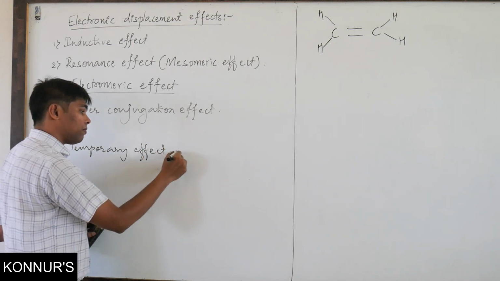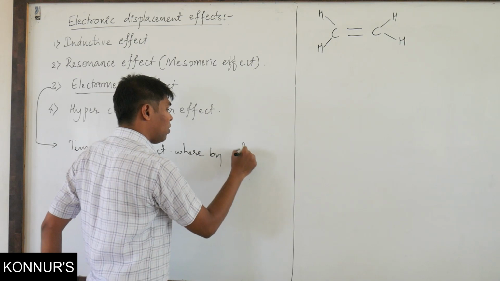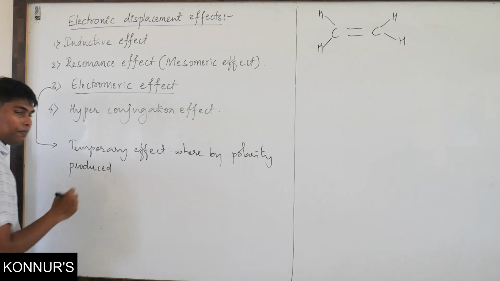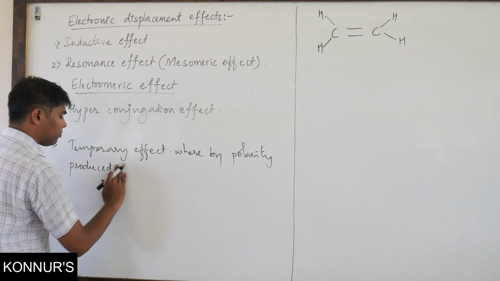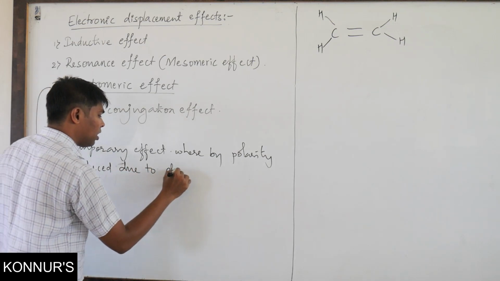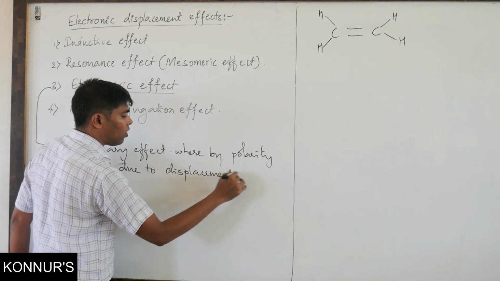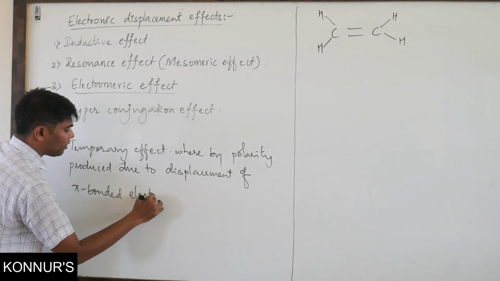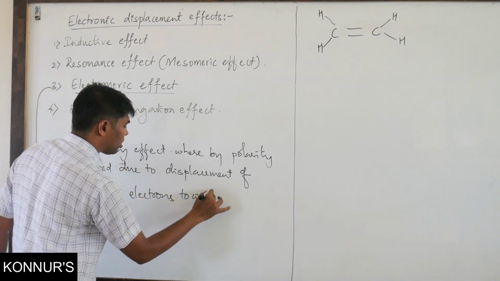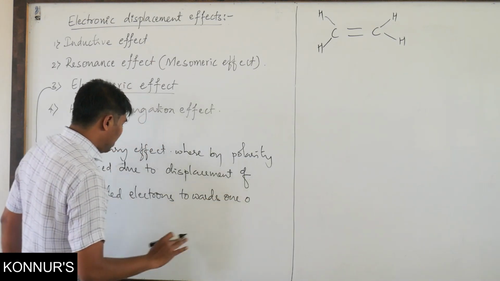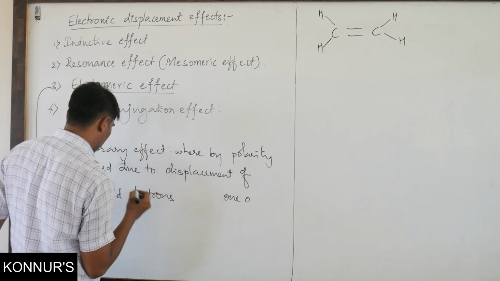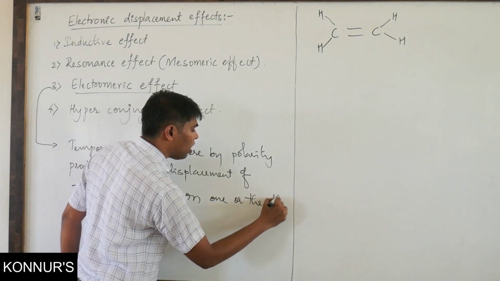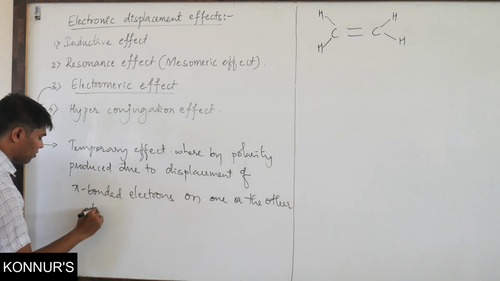Here also polarity is produced due to displacement of pi bonded electrons towards one or the other atom.